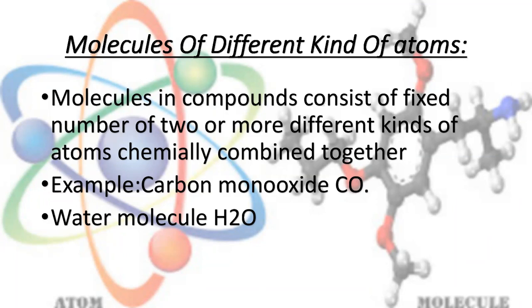Two hydrogen atoms. How many oxygen? One oxygen atom. When two atoms of hydrogen combine with one atom of oxygen chemically by a chemical reaction, a compound, the water molecule, is formed.